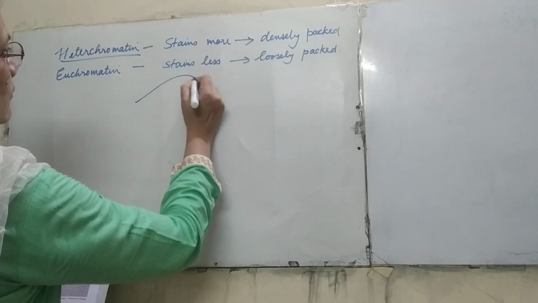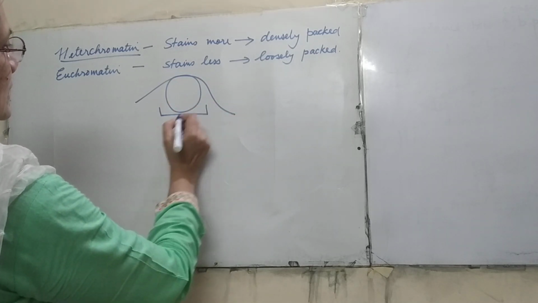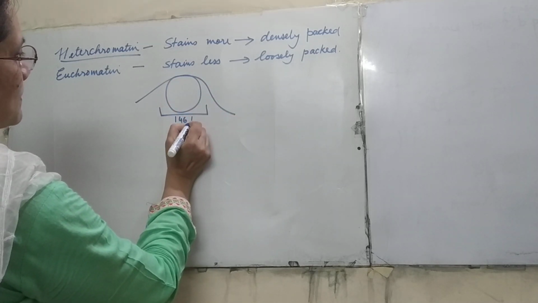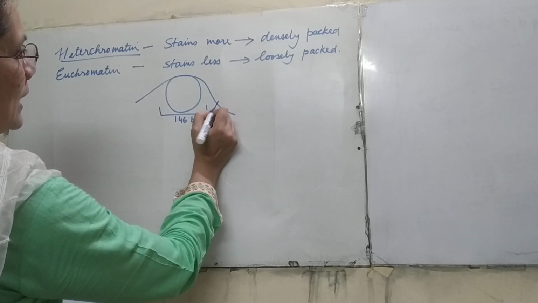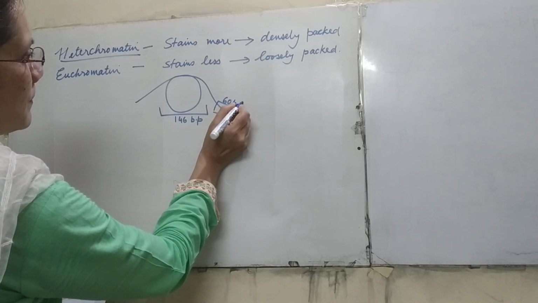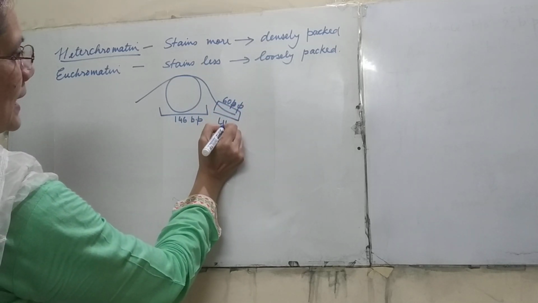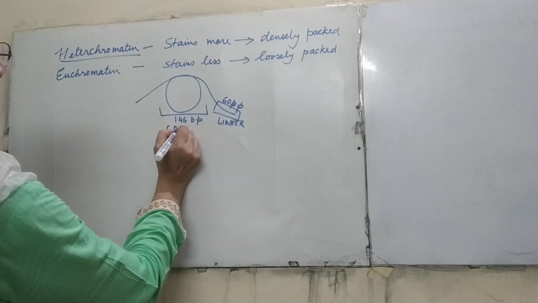The nucleosome that we had drawn in this way consists of around 146 base pairs, and in this region, the linker DNA, there are around 60 base pairs. So this is the linker part and this is the core part.